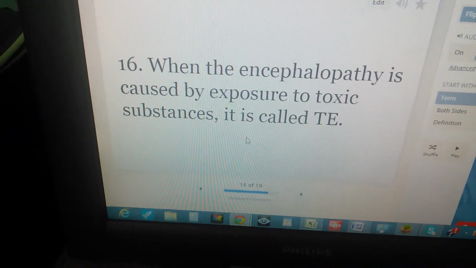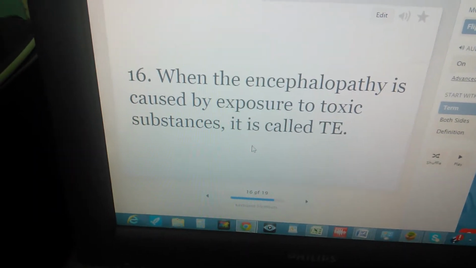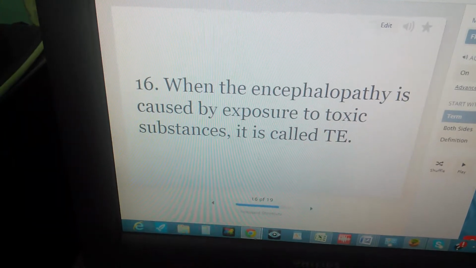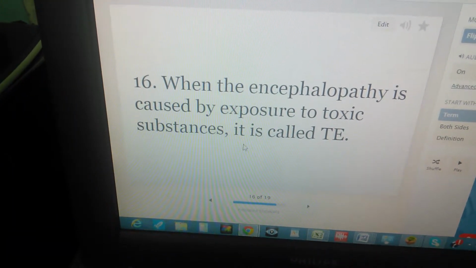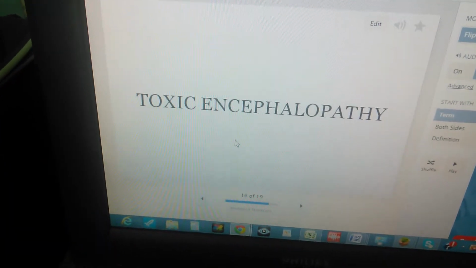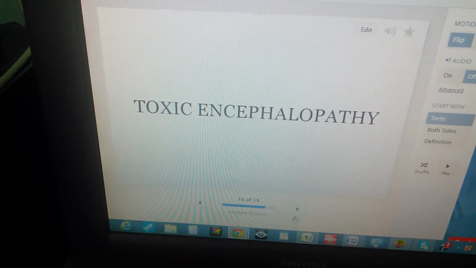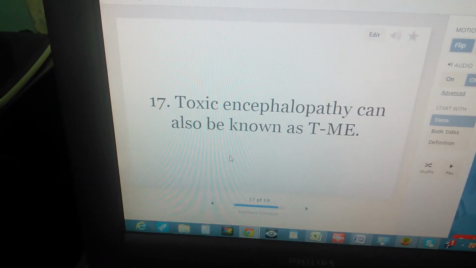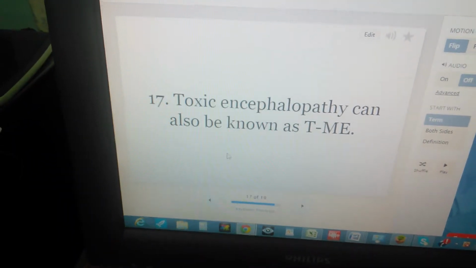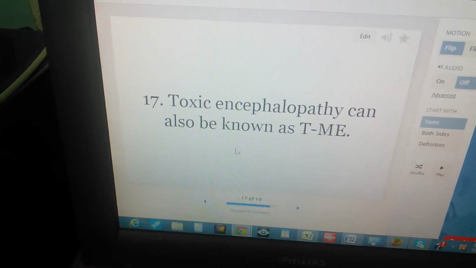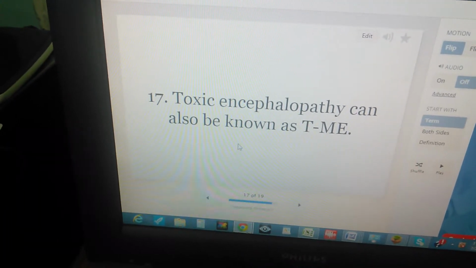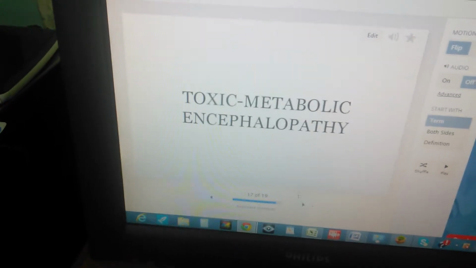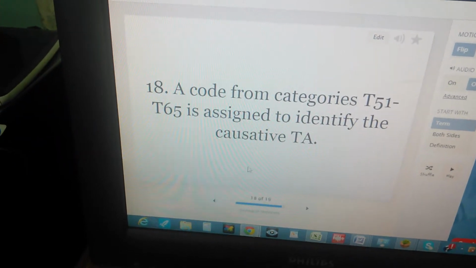16. When the encephalopathy is caused by exposure to toxic substances, it is called TE... Toxic encephalopathy. 17. Toxic encephalopathy can also be known as T-ME... Toxic metabolic encephalopathy. 18.